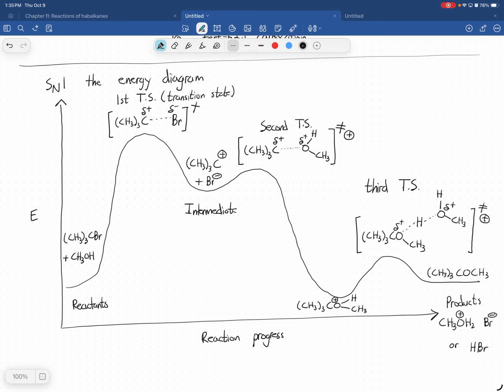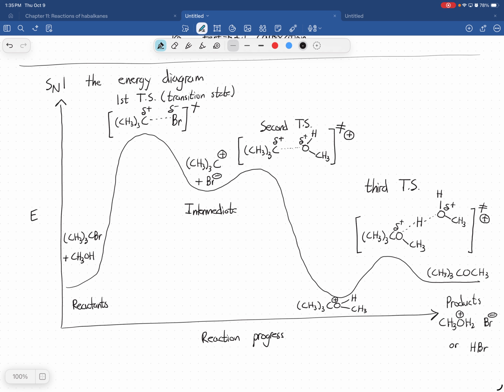So that's the energy diagram. A little more complicated than SN2, but if we just realize that a carbocation is forming, we have one more additional step. That's why we say the SN1 reaction is stepwise. It doesn't happen in one step, there are multiple steps. Any questions about the diagram?